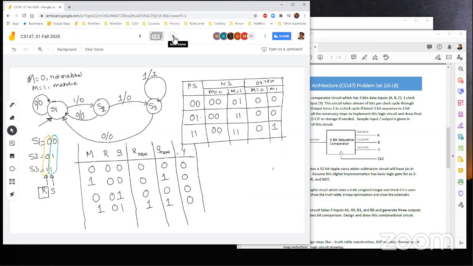Now with current state 1, 1 with M0, I will transition to 0, 0 with output 0. And with current state 1, 1 and M1, I will transition to state 1, 1 with output 1.